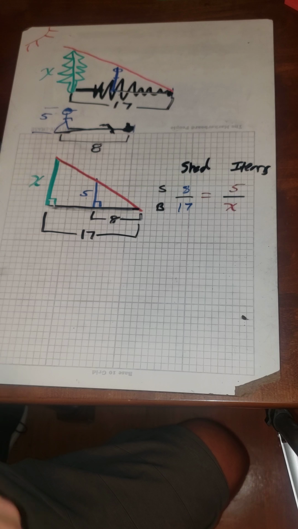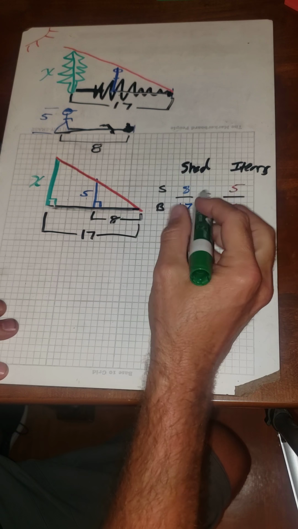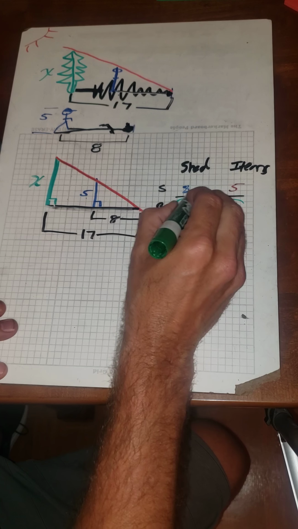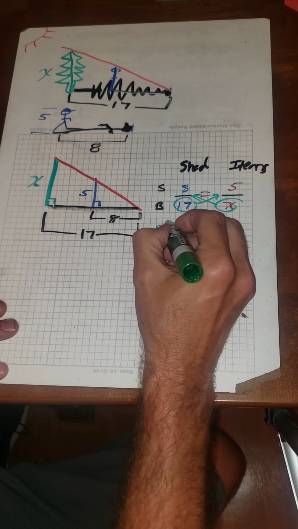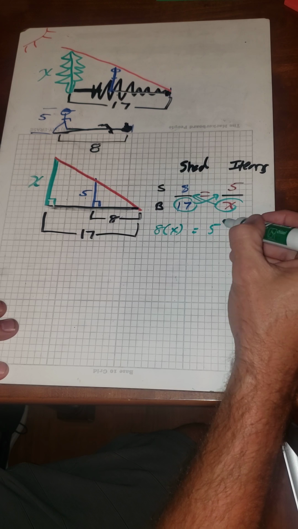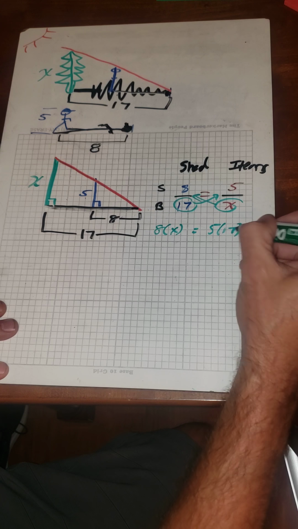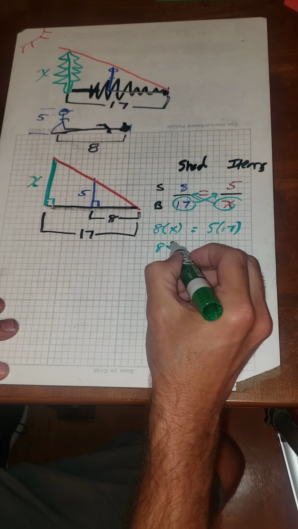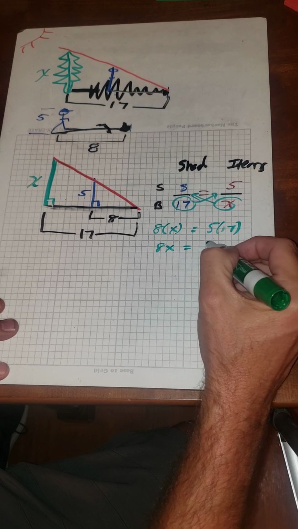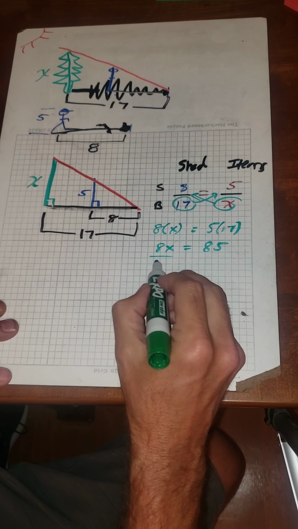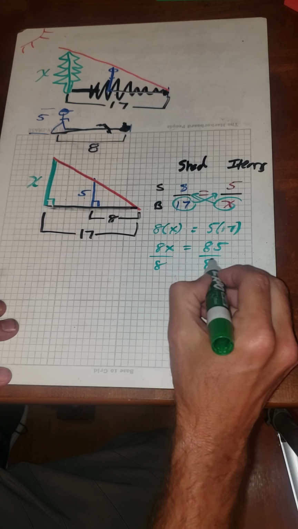At this point, I think we pretty much know how I would solve it. I would go ahead and circle an arrow to show direction of what I'm doing. So I'm going to get 8 times x is equal to 5 times 17. And then I'm going to get 8x is equal to 85. And then I'll divide both sides by 8.